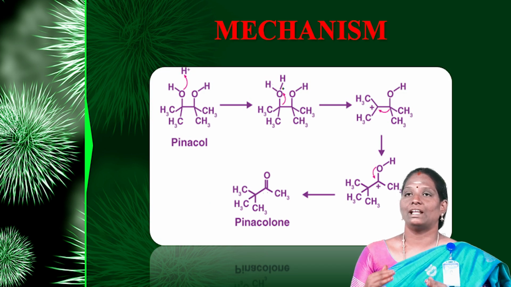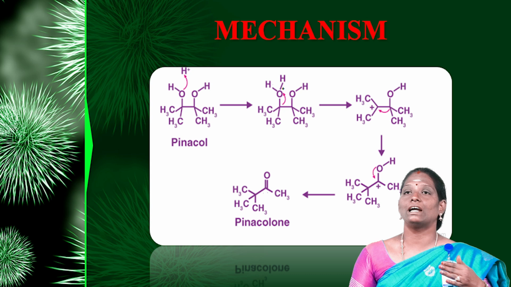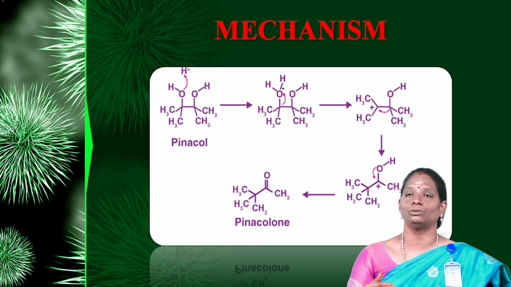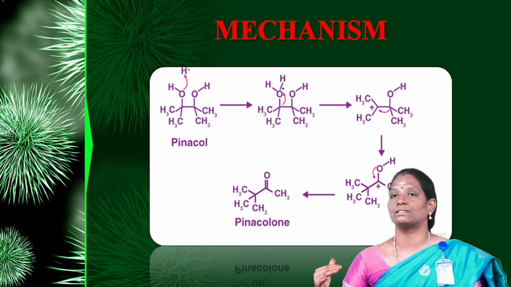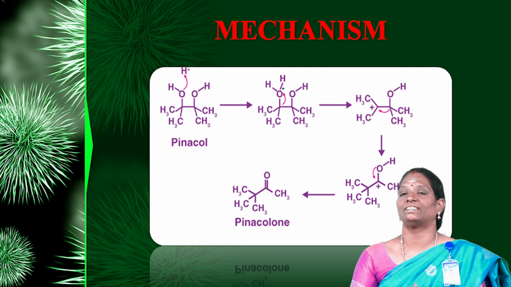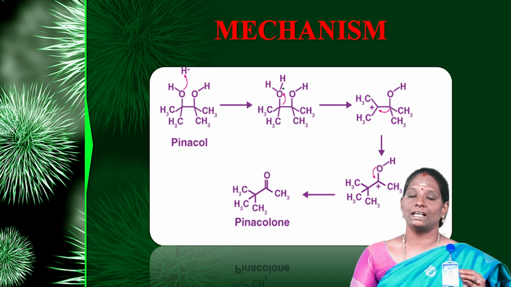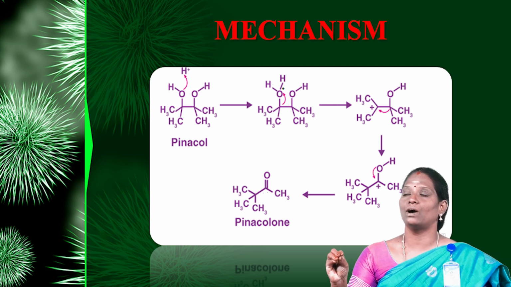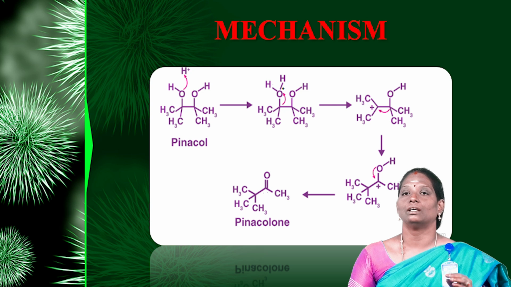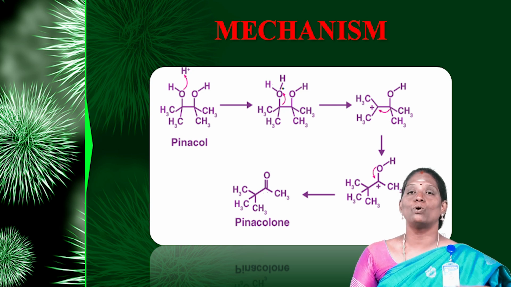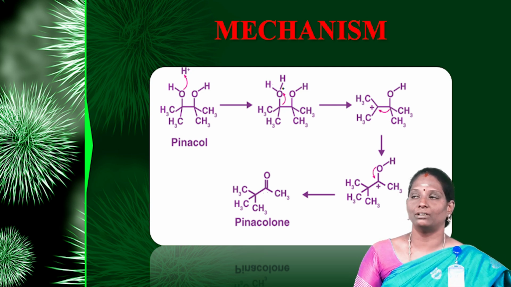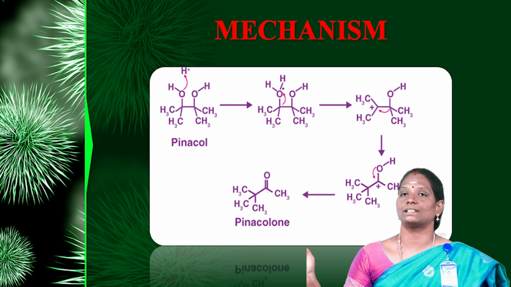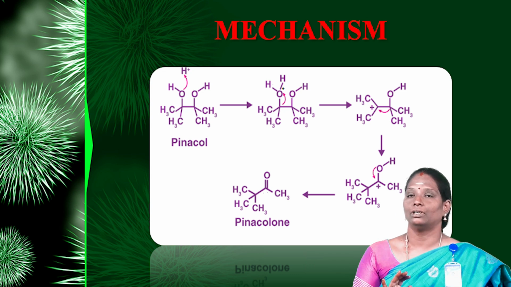Next one, the rearrangement of pinacol-pinacolone occurs through the following stepwise mechanism. What is the first step? Since the reaction is carried out in acidic conditions, in this step, a proton or hydrogen ion, that is H plus, is released from the acid.